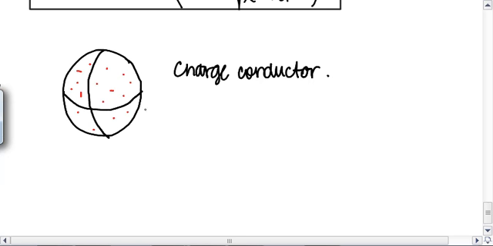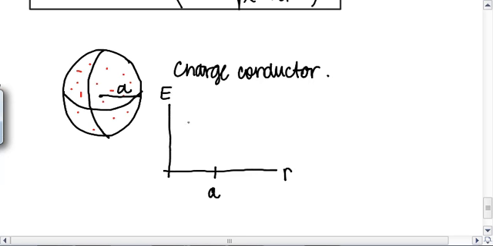So when we were graphing electric field versus distance, let's say that the radius of this thing is A. I don't want it to get confused with the variable R. So this is my R axis. This is my electric field axis. What's the electric field inside this charge? 0.